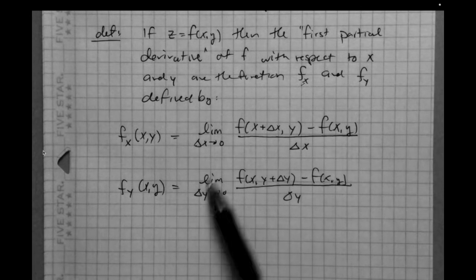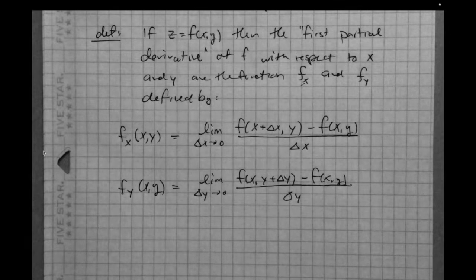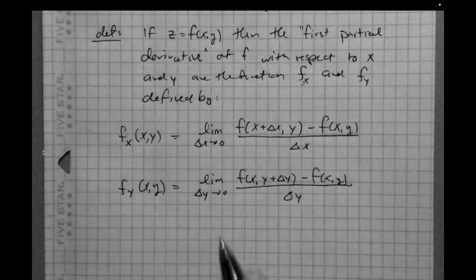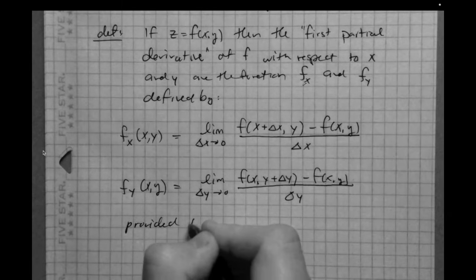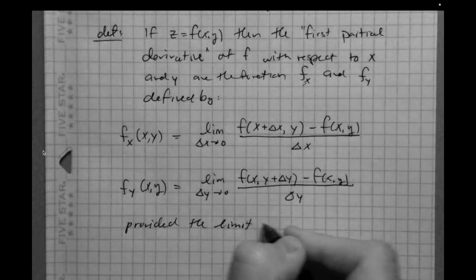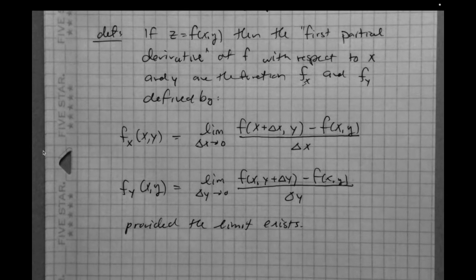Right? So this is almost the same idea as what we had in Calculus 1, but here you just have this extra variable which, for all intents and purposes, gets treated like a constant. Okay, and we should say that these are the partial derivatives provided the limit exists. Right, it may not, meaning the function may not be differentiable.